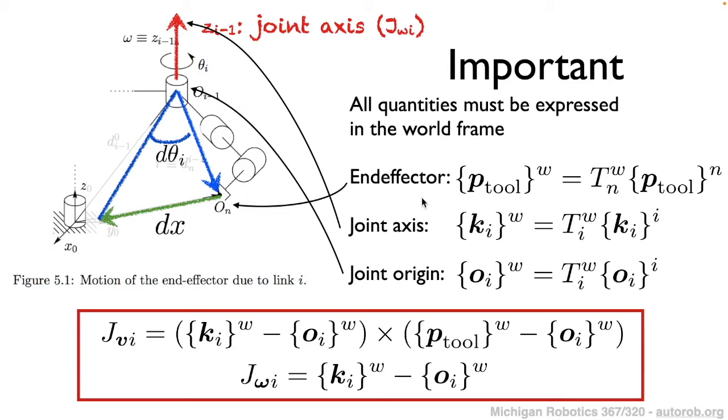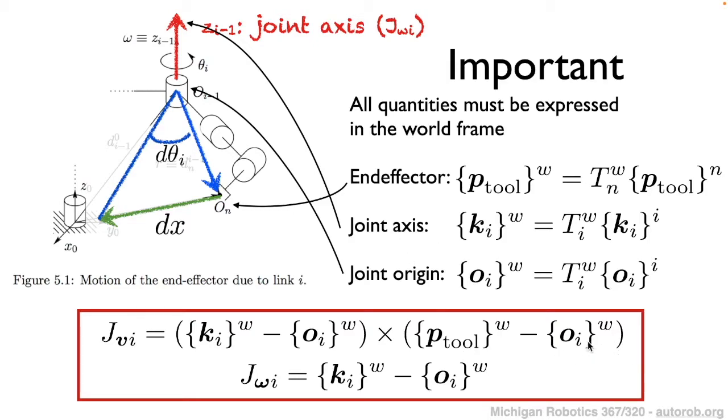So the first thing, right? The end effector is going to be expressed in the world coordinate frame. So if you transform the position of the tool into the world coordinate frame, that denotes the O sub n on the previous slide. So it's the vector in the world coordinate frame denoting the position of the end effector.